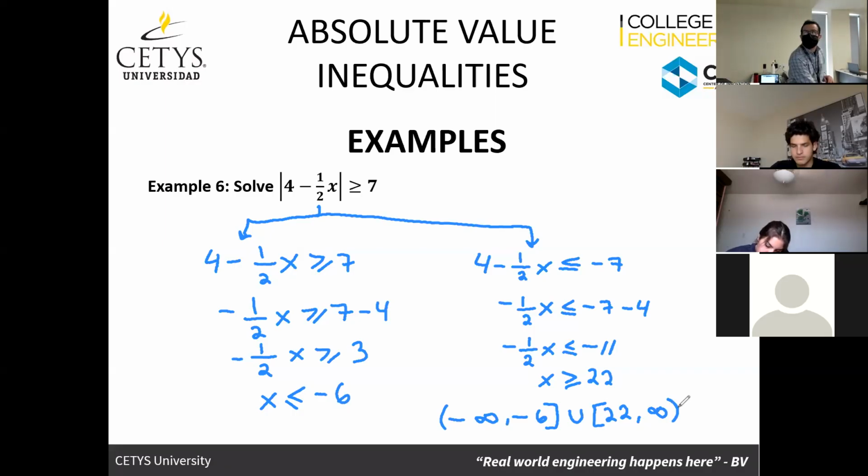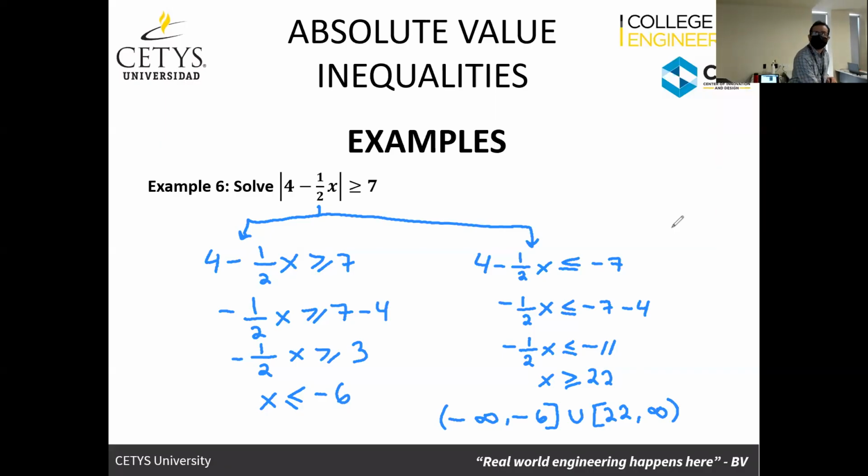And if you represent that in the number line, we're going to have a 22 here and a -6 here.